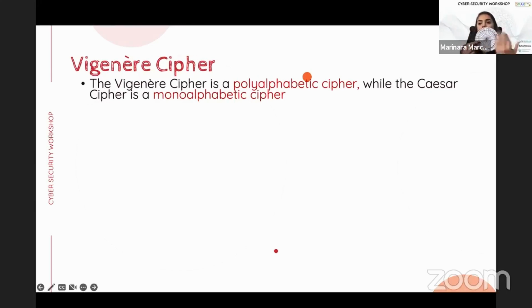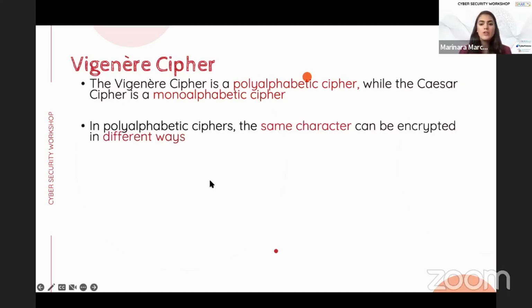We only move the Caesar cipher once, and then we use this to decrypt the message. But with the Vigenère cipher, because it's polyalphabetic, we're going to be using different combinations. We're not going to use only one, okay? And that's how it is different, like what I showed you with the code, the example code.